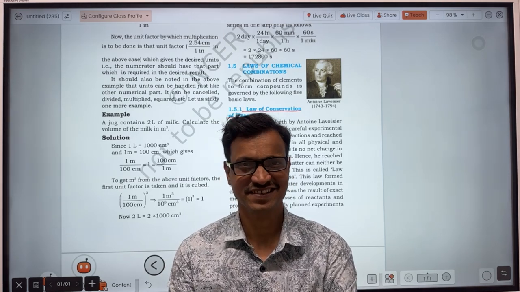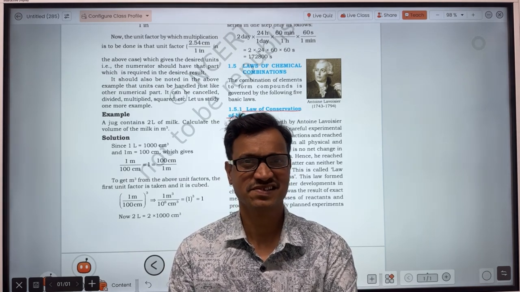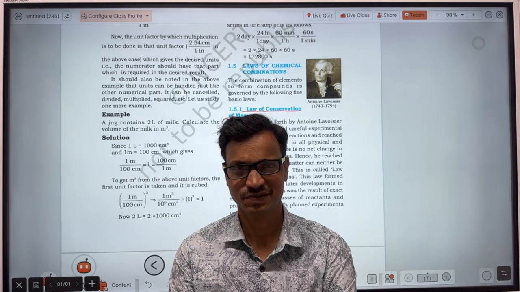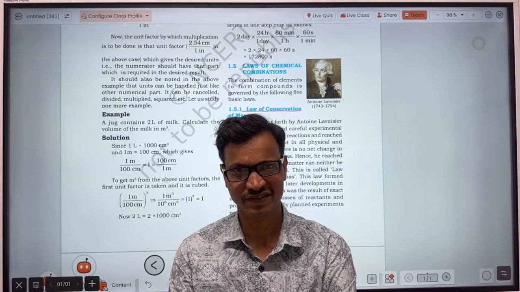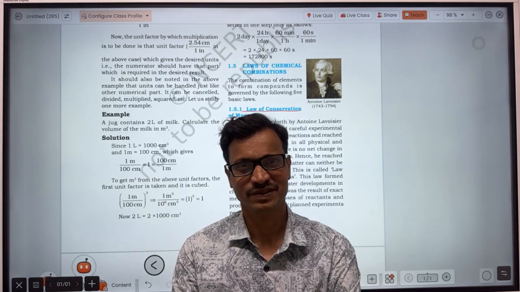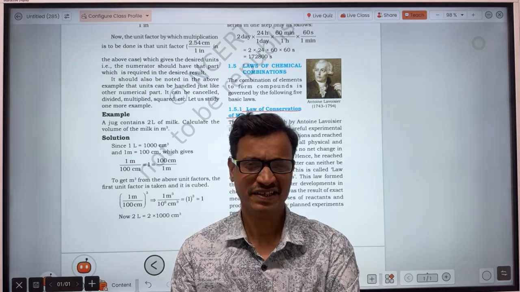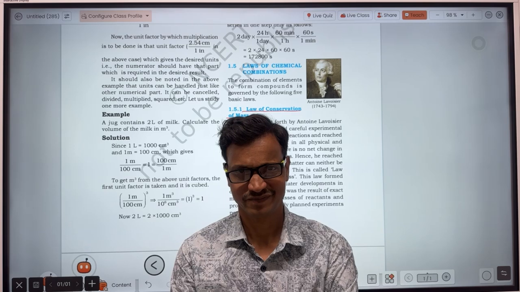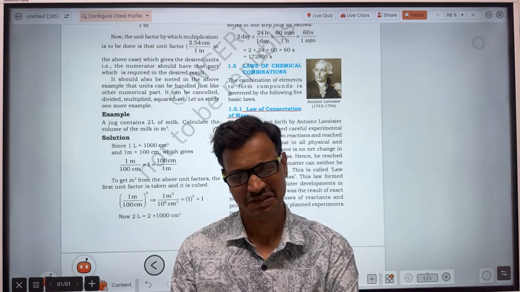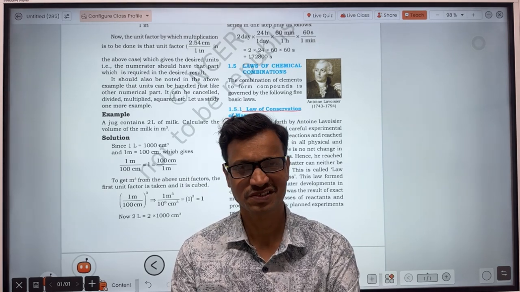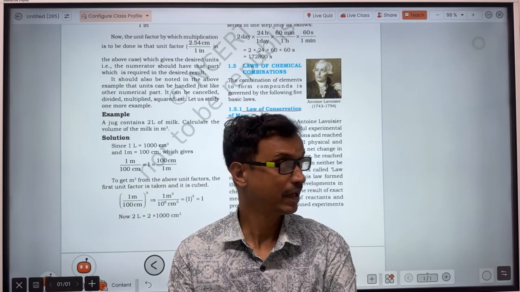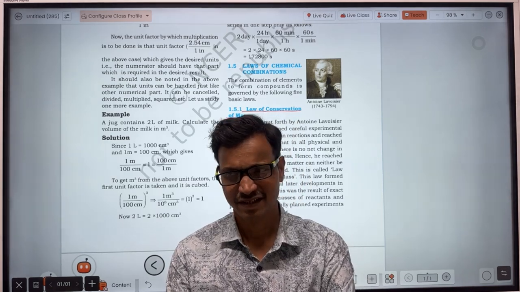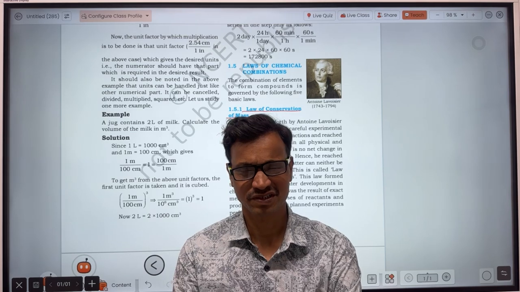But you already know there is an interconversion of mass and energy, that is E equals mc squared. Mass can be converted into energy and energy can be converted into mass. But in our day-to-day life, we don't consider that. During chemical reactions there is no conversion of mass into energy.